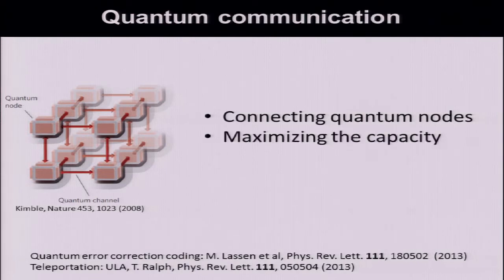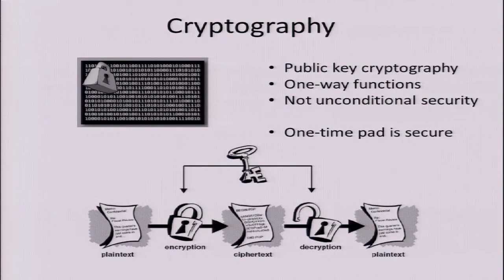You also use this in classical communication, actually, because if you want to reach capacity in classical communication, then the conclusion of that optimization, this maximization, is that you need to use quantum states of light, and you also need to use some sophisticated quantum measurement devices like coherent detectors, as we saw in one of the talks this morning. So for maximizing capacity, you also need quantum communication, and also for doing quantum cryptography, you need quantum communication, and this is what I will be talking about for the rest of my talk.